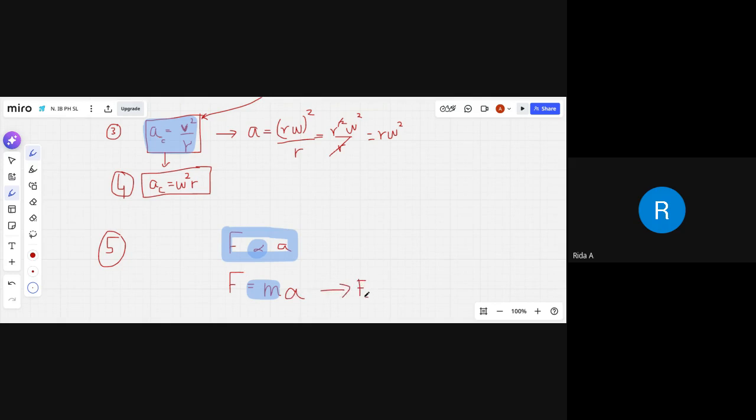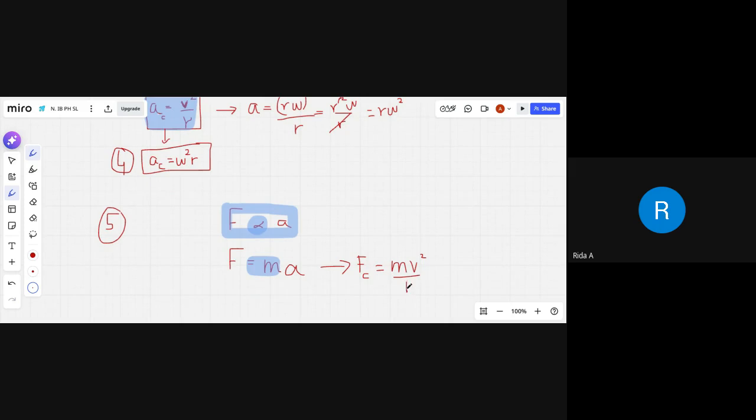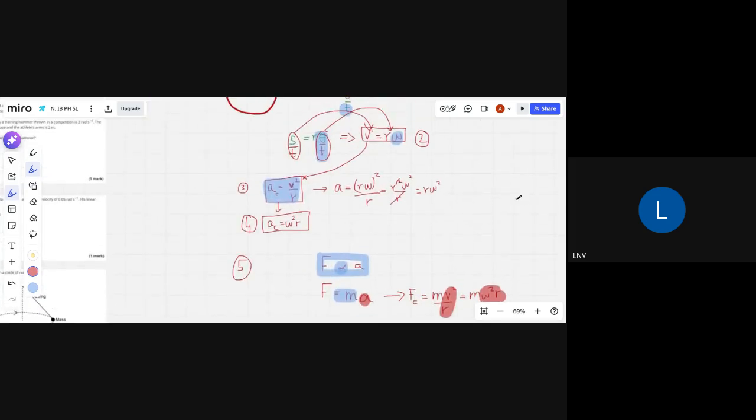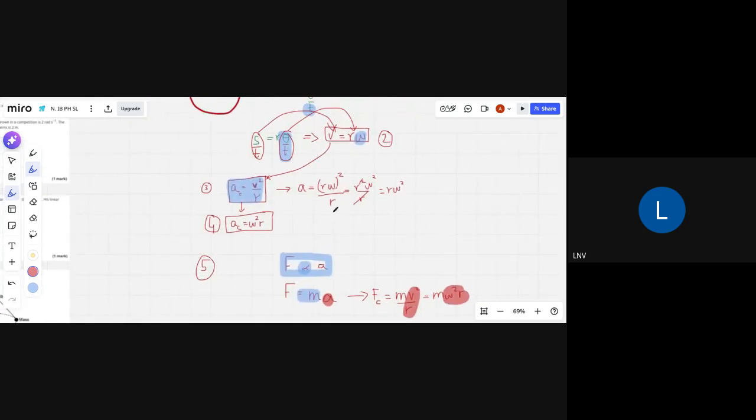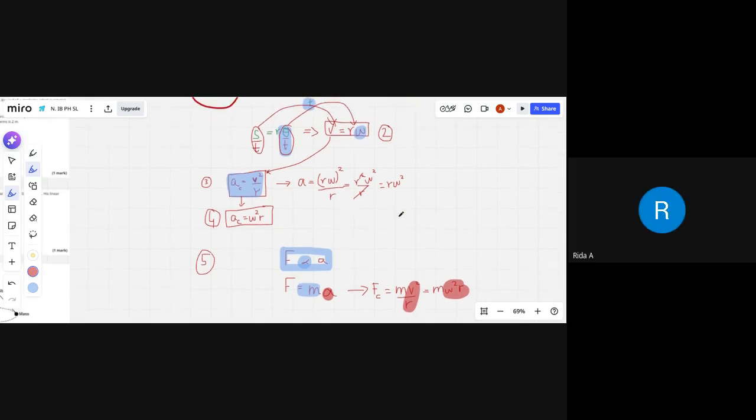So your centripetal force can be m times one of the two: m v squared over r, or m omega squared r. So it's basically just using one new equation and inputting it into different equations we already had, like F equals ma, S over T, and so on. Yep, that's right.